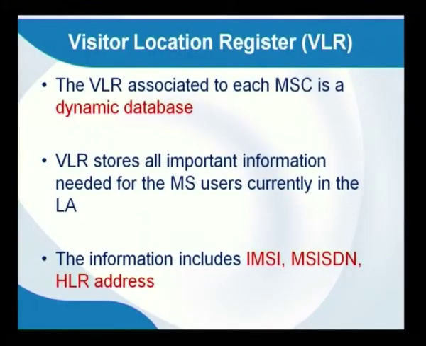Using the VLR information only, we are able to identify where the users currently are. Some of this information includes IMSI, MSISDN and HLR address. Already we have discussed these numbers. Now, the VLR uses this information to locate or keep on monitoring the wireless users.